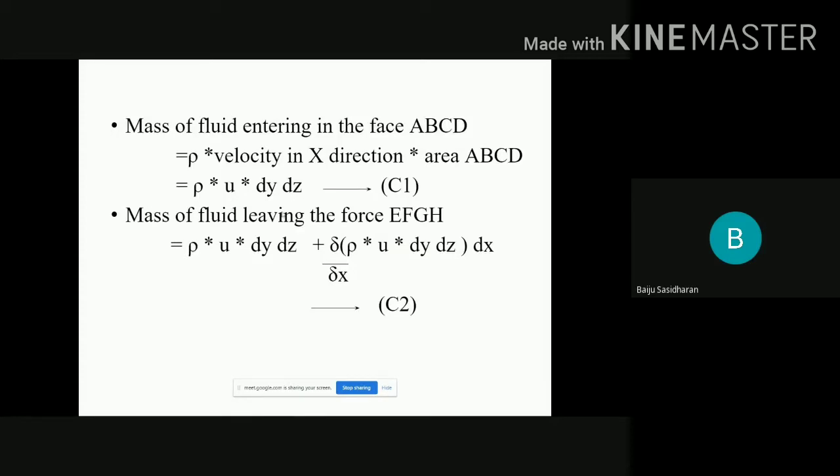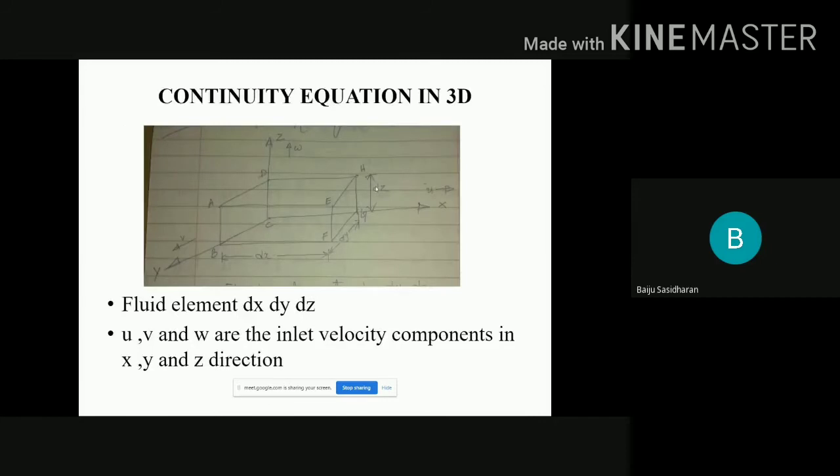Then the mass of fluid leaving the face EFGH. So the amount of flow that comes in this direction, plus or minus something, goes out through this direction.